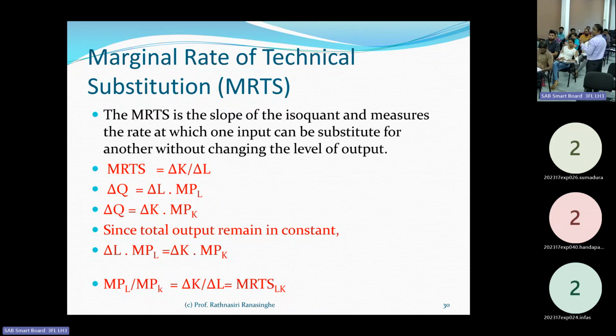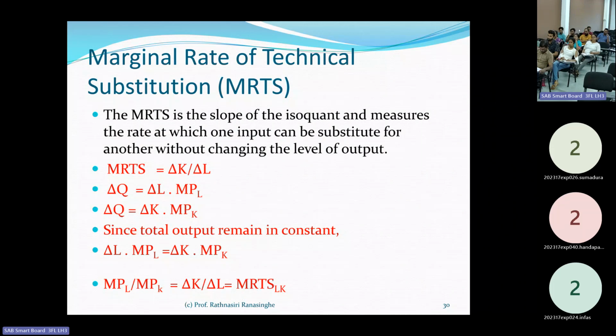We can take it separately because we change both labor and capital. The marginal productivity of labor is delta Q over delta L, or dQ over dL. Changing output divided by changing labor.